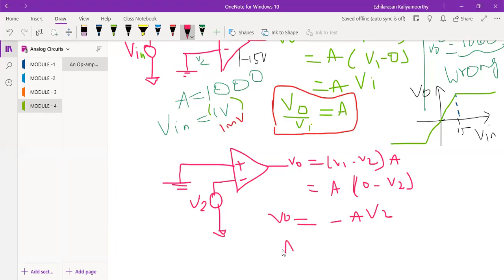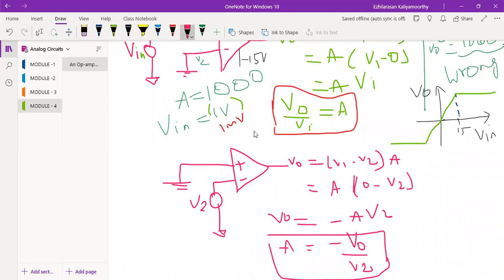What is the gain here? The gain is V0 by V2. This is the gain, don't think of this as minus. Output voltage is minus A into V2, and A, the gain, is a constant.